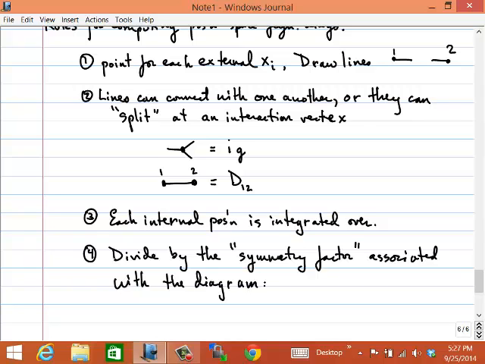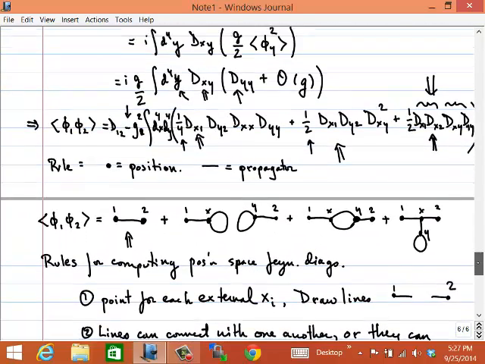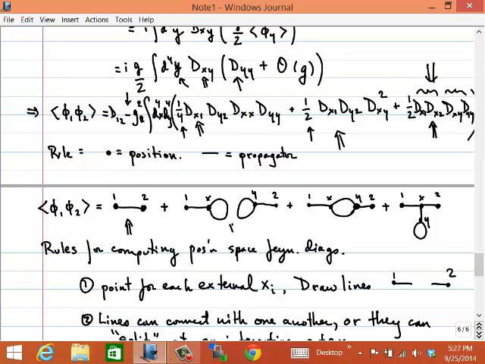So in the present case, the symmetry factor of this diagram is 1/4, and the symmetry factors of these diagrams are 1/2. We're running a little short on time here, so rather than try and cram it into the last two minutes that I have in class, we'll just defer the discussion of symmetry factors till next class.